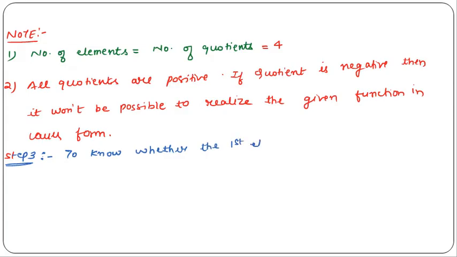So whether the first element of the circuit is inductor or capacitor, for that we have to take the lowest power.